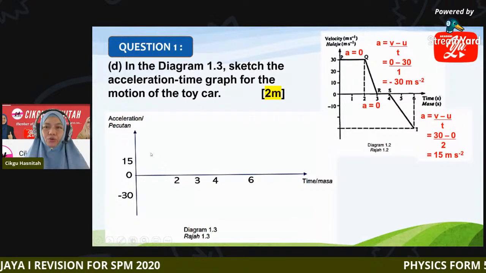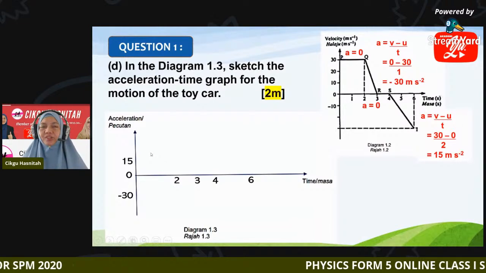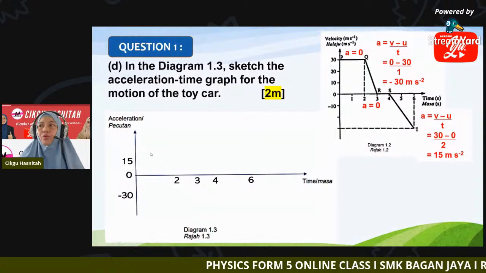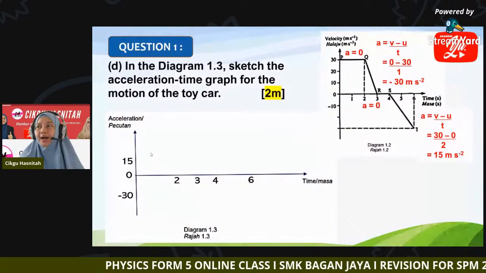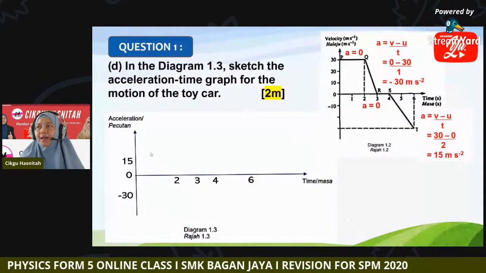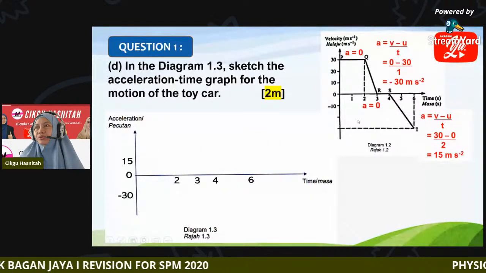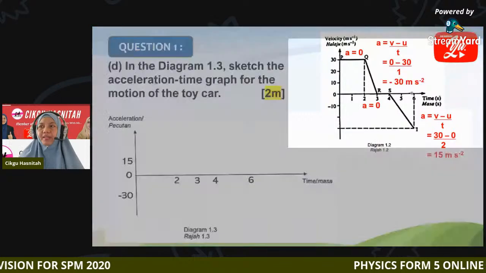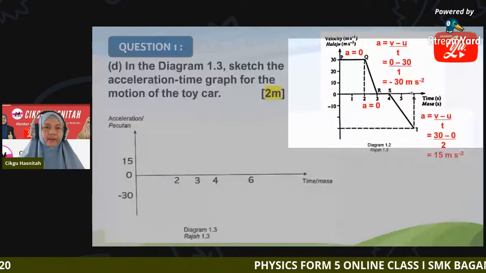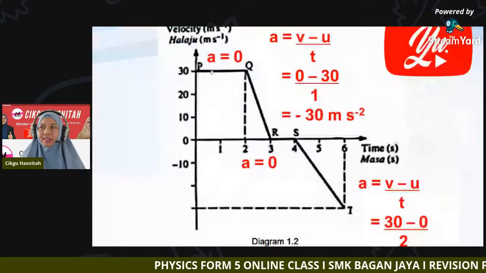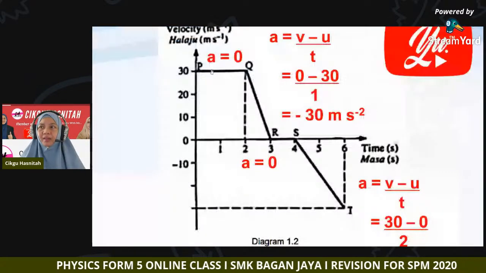First you must know the acceleration in each region. We have regions PQ, QR, RS, and ST, as I show you here. In region PQ, what is the acceleration? Acceleration is 0, because the velocity is constant at 30.